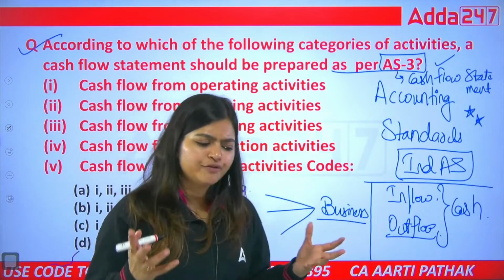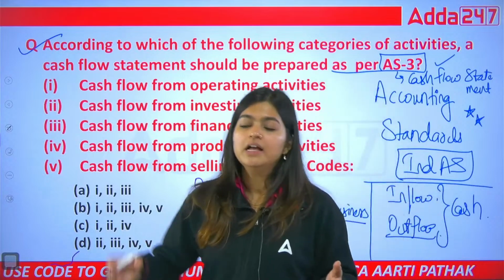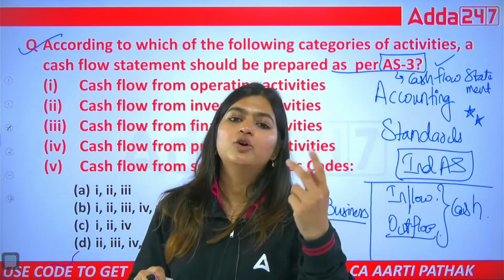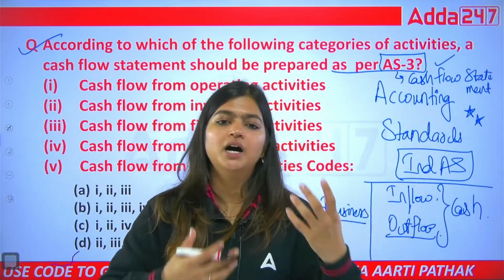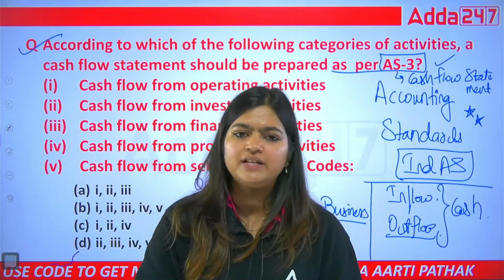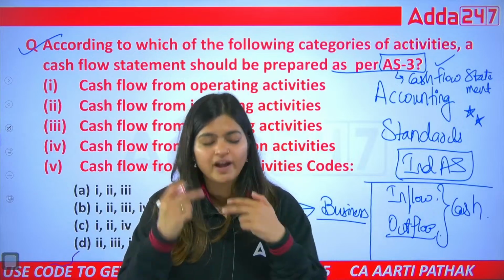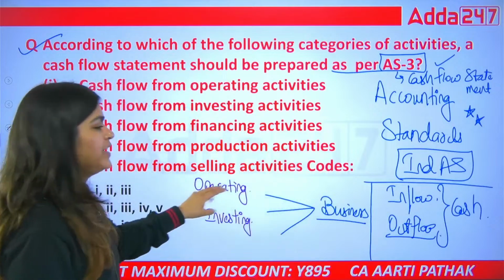Like if we talk about the bank. In a bank, the main work of the bank is what? Taking the deposits and giving the loan. So we are going to call taking deposits and giving the loan, or providing some extra credit facilities, debit facilities, all these different kinds of facilities that they are providing on a daily basis, that is the bank's operating activity.